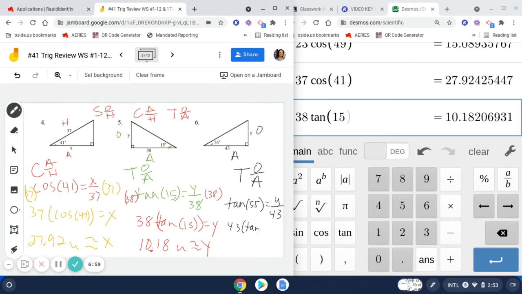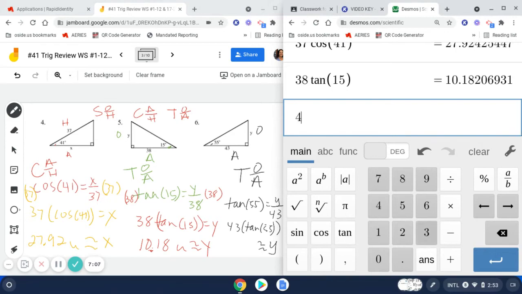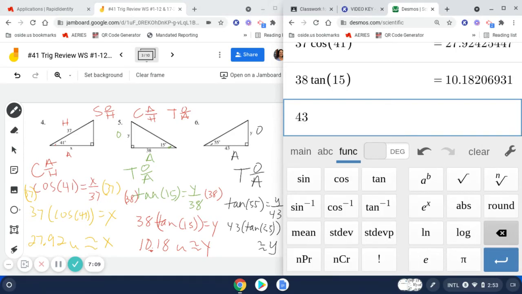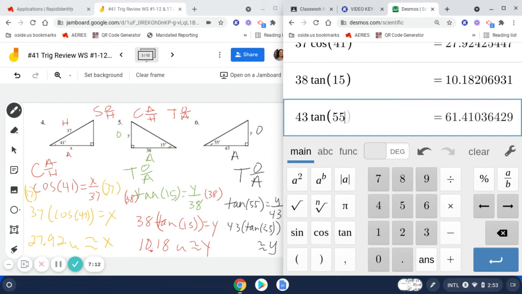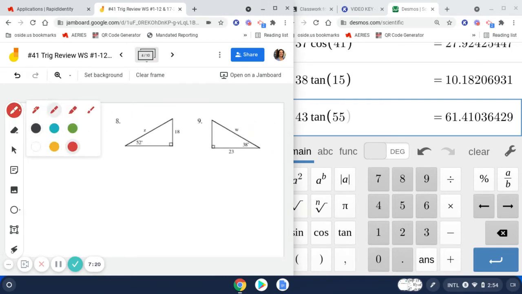And that's what we're going to go plug into our calculator. 43 times the tangent of 55 is 61.41 U for units. Pause the video, try the next one.